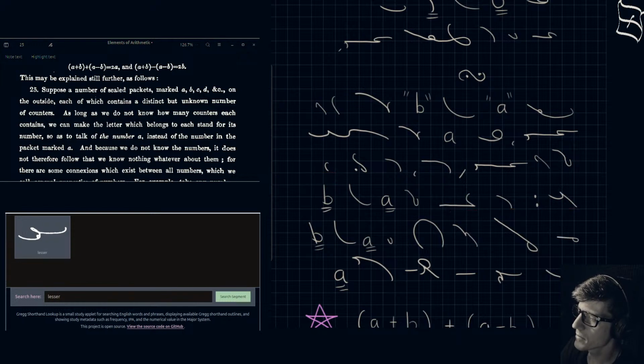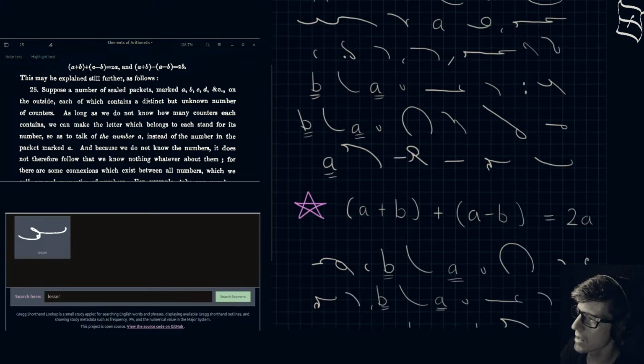The sum of a and b, when added to the difference of a and b, will result in twice times a.